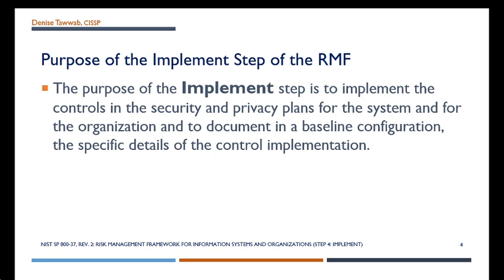So in your select step, you identify the controls that you were going to use to secure the system. You tailor those controls based on the specifics of your environment and your system. And then you documented that information in a system security plan. In this step, you're going to implement those documented controls, and you're going to update your document if necessary.